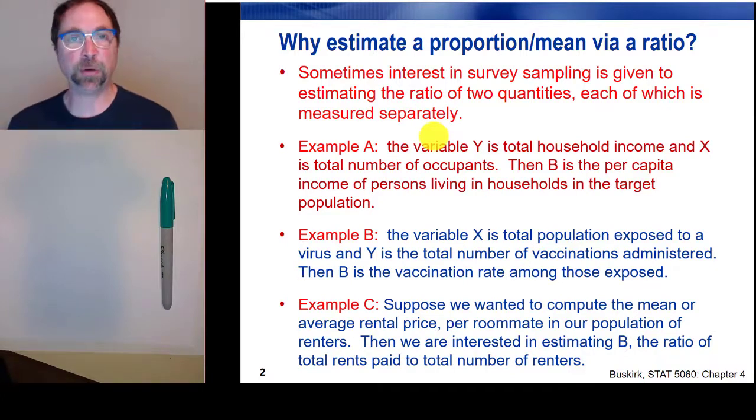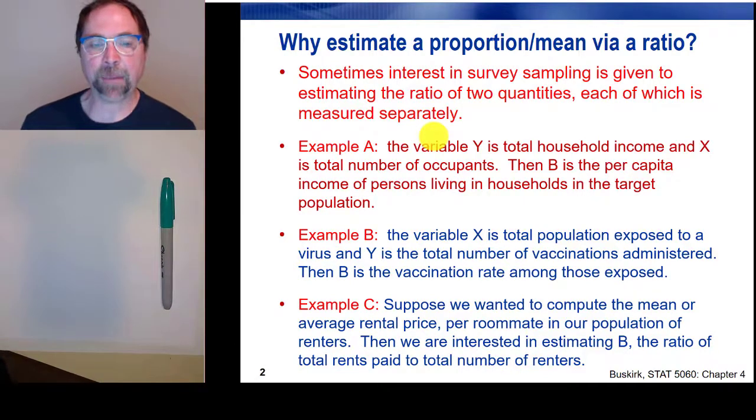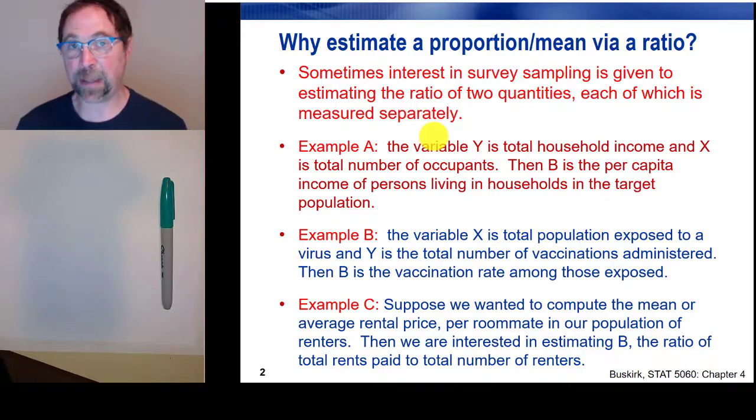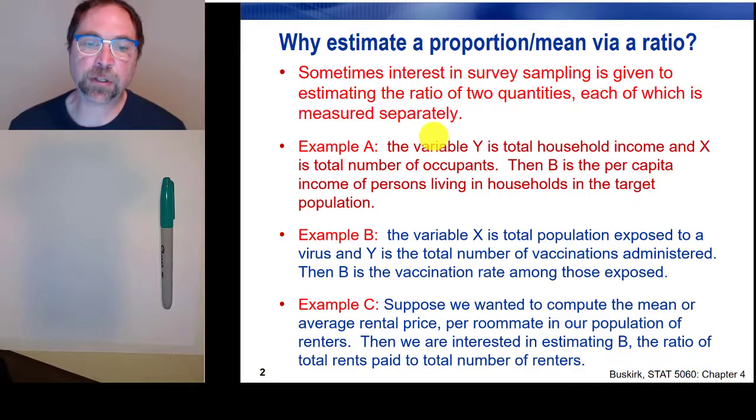But if you were a student looking for a place, you might care about the cost per renter. So in this case, you would calculate the average rental price per property, and then for the X variable the number of roommates or occupants per rented property, take their ratio, and you would get the total rent paid per renter.